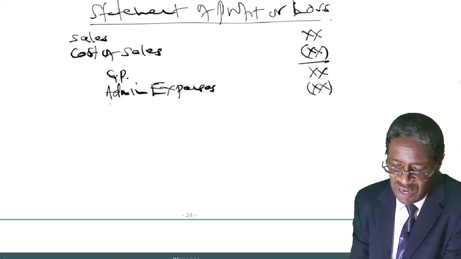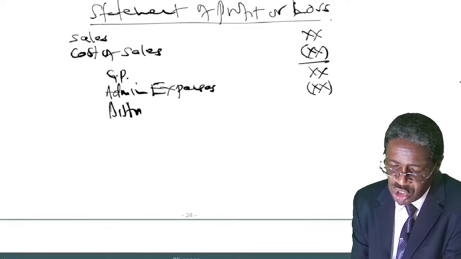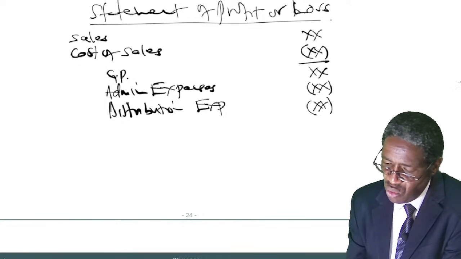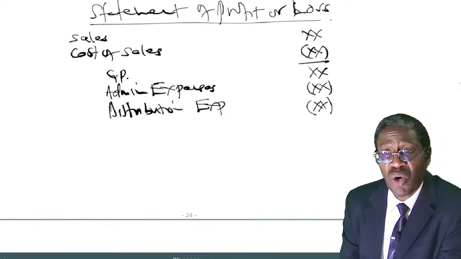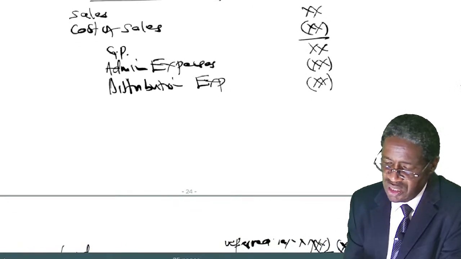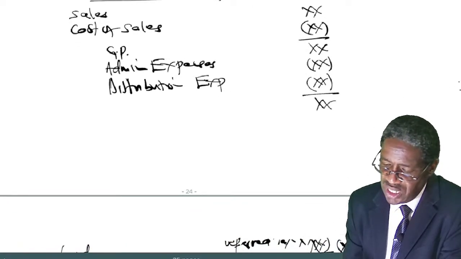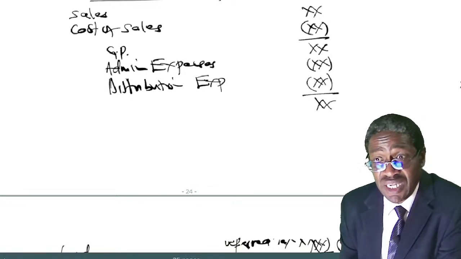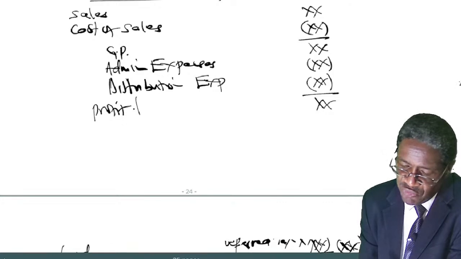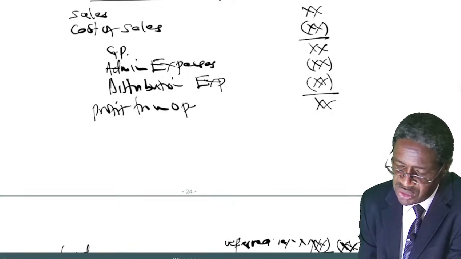Okay. Then I've talked about distribution expenses. Find out from the question or work out in total what are all your distribution expenses. Good. Then get the net, and that net is what I called profit from operations.